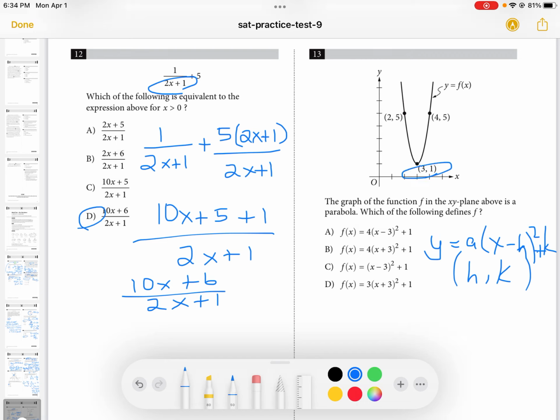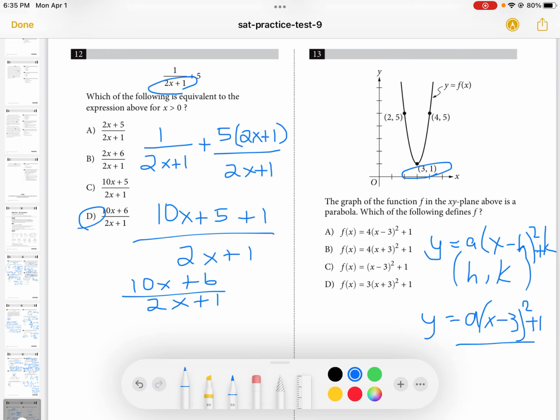So since our vertex is 3, 1, h would be 3, k would be 1. So it would look something like y equals, 4, not 4, we don't even know that yet, a times x minus 3 squared plus 1.